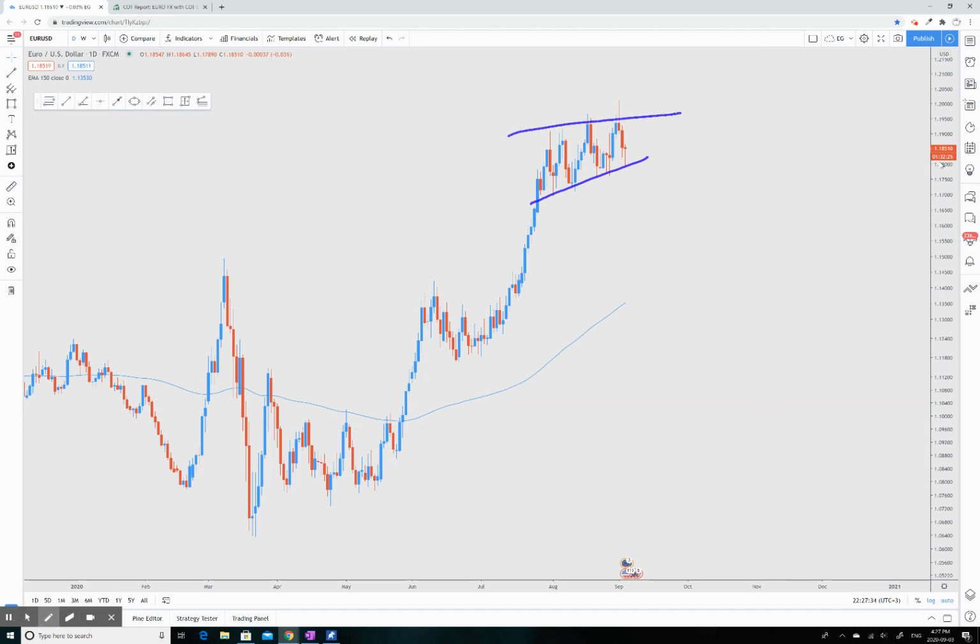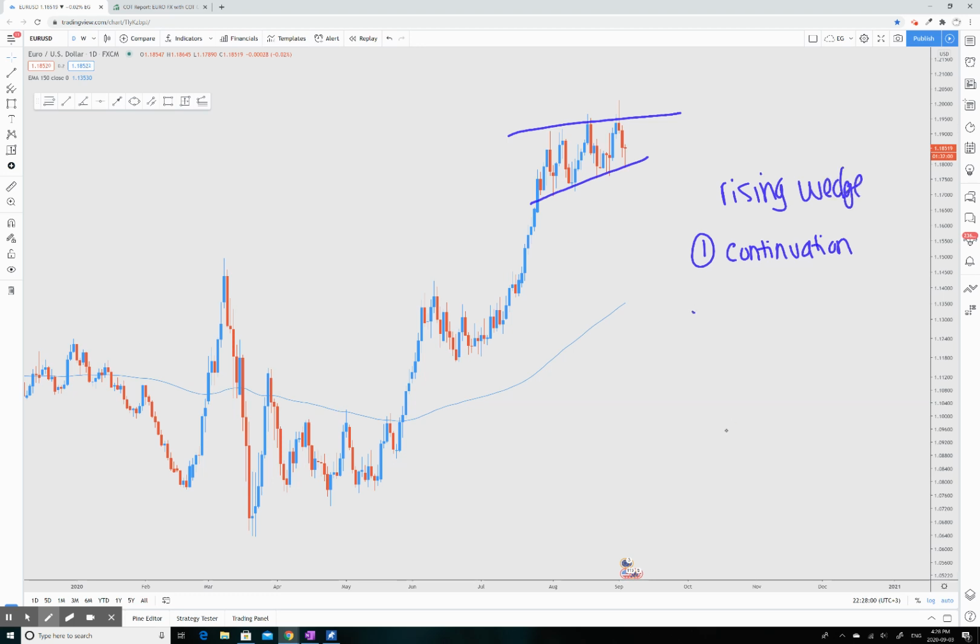Now, I'm not perfect at drawing these clearly, but this is what I'm noting right now. And the thing about a wedge, it looks like that. You can Google it to see a prettier version, but that's the gist of it. A wedge can be a continuation pattern or a reversal. Now, this is a rising wedge because it's slanted upward.